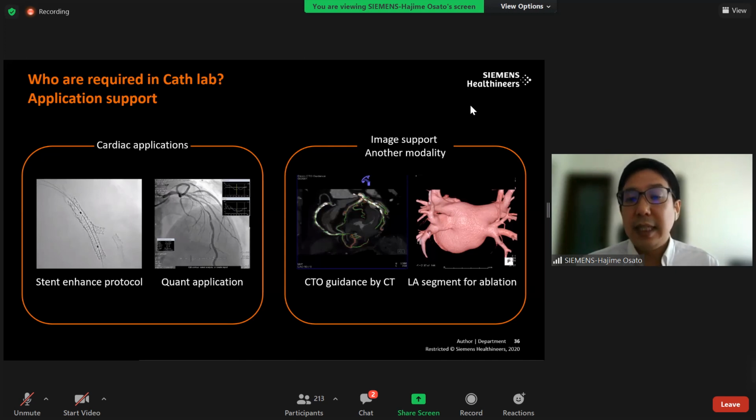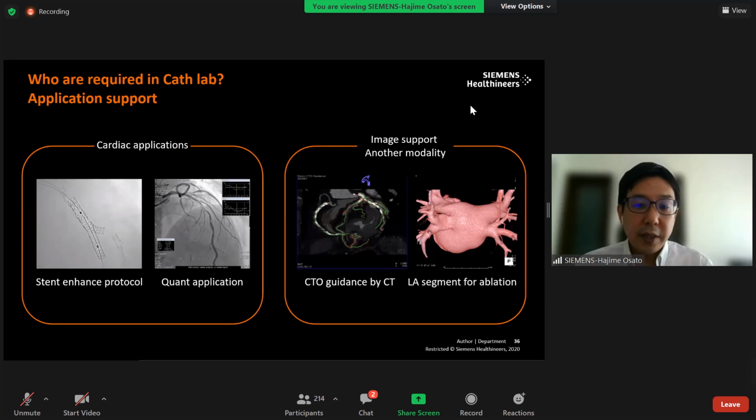And CT or MRI images can be used in angio applications. Okay. A CT image is useful to confirm the calcification in the coronary tree. This is a sample of the CTO guidance application. We can find calcification information on the image.